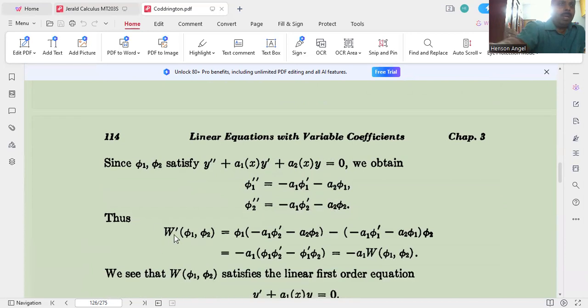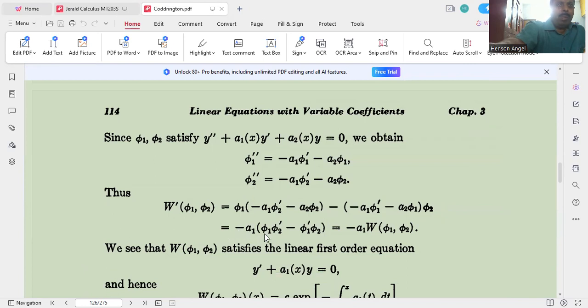Thus, this W'(φ1, φ2) can be written as φ1 (−a1 φ2' − a2 φ2) − (−a1 φ1' − a2 φ1) φ2. That is equal to −a1 (φ1 φ2' − φ1' φ2). This can be written as −a1 W(φ1, φ2).